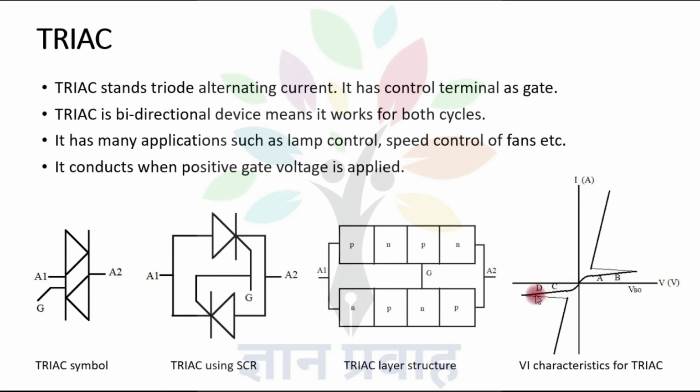Similarly here for the second half, at point C, the gate voltage is large. That's why it enters conduction mode very fast. And gate voltage at point D is less. So here we are not waiting for the VBO voltage, we are just applying the gate voltage to put this device in conduction mode.